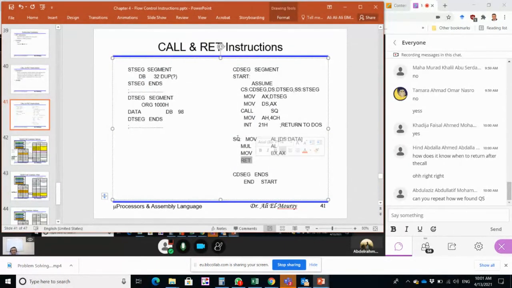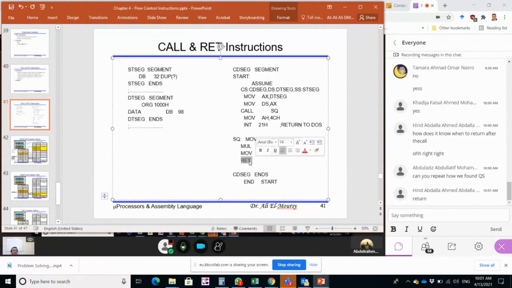A subroutine should end with what? It should end with return. So the microprocessor will keep fetching, decoding and executing sequentially until it encounters the return. Once it finds the return, it will go and return.